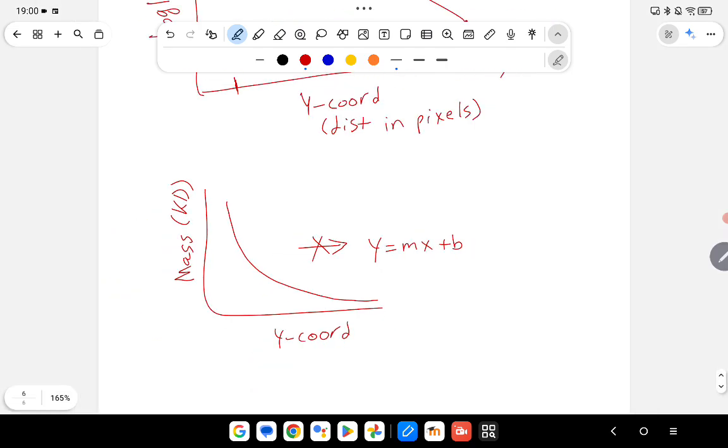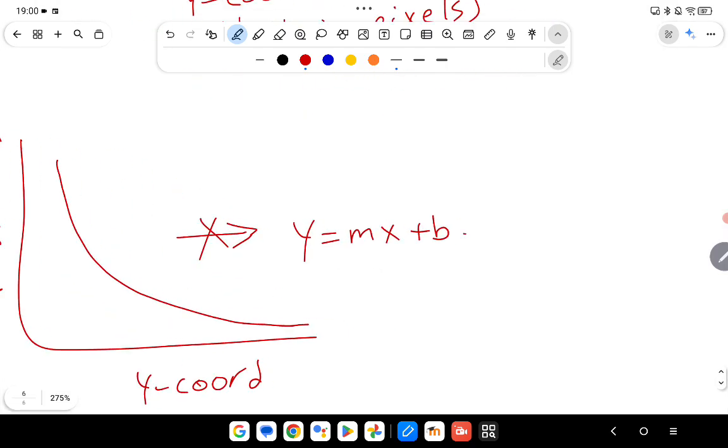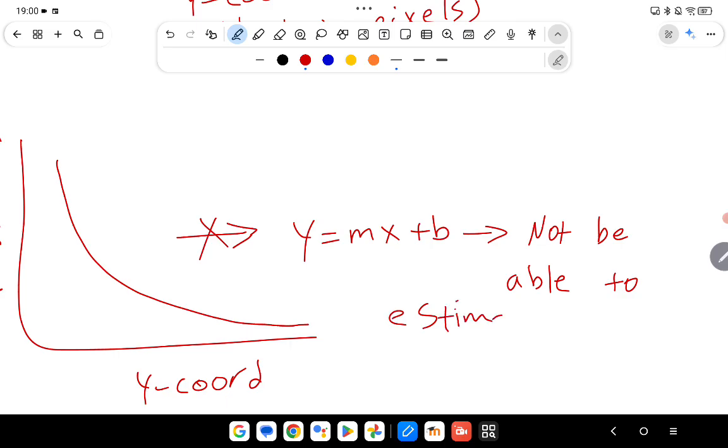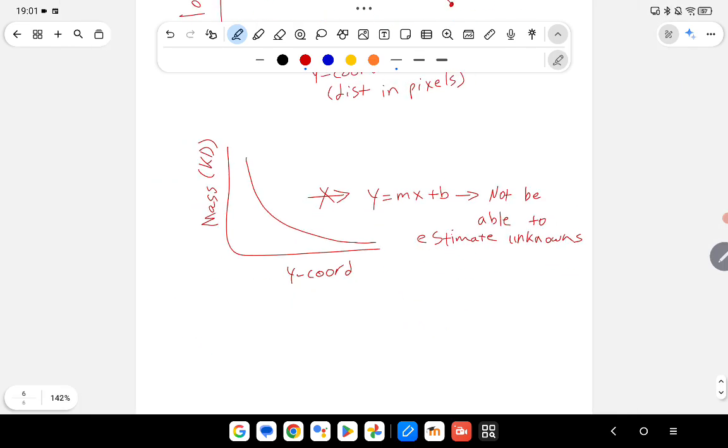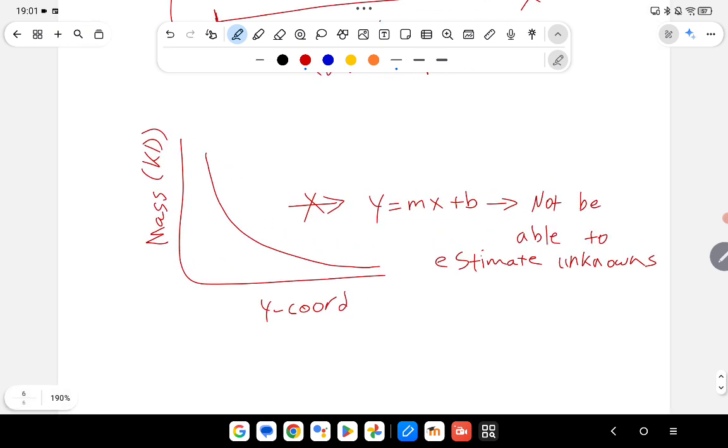And because of this, we would not be able to estimate unknowns, at least not numbers-wise. We can estimate them visually, but to get exact numbers, we would not have been able to do this if we took the raw mass with the y coordinate.